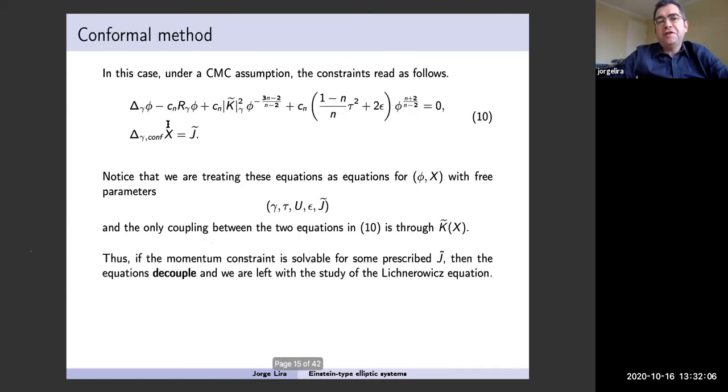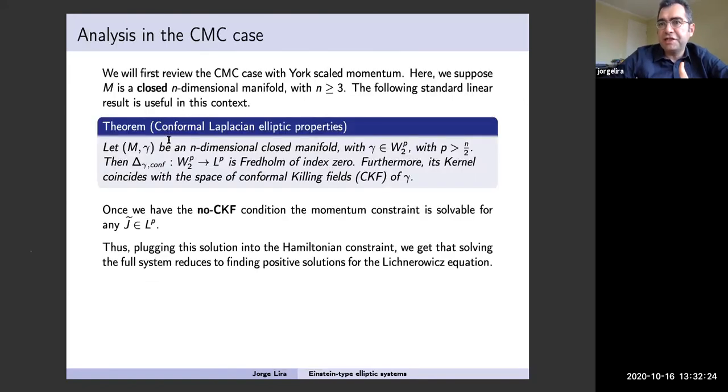The first problem, of course, is to ensure that you can have solutions for that non-homogeneous equation here. So we have to consider the kernel of that operator in order to have solutions from the second equations. You have to characterize the kernel of that operator, and that kernel is given by conformal Killing fields.